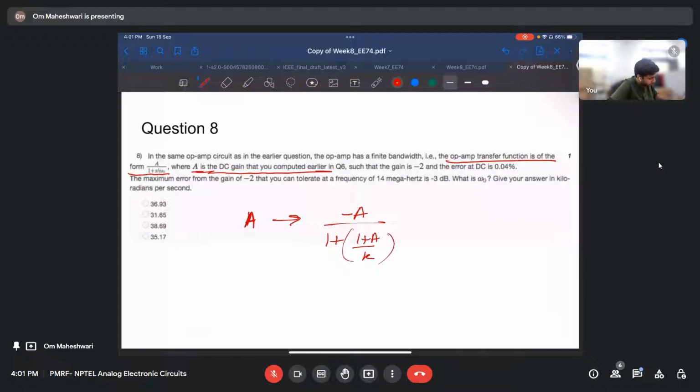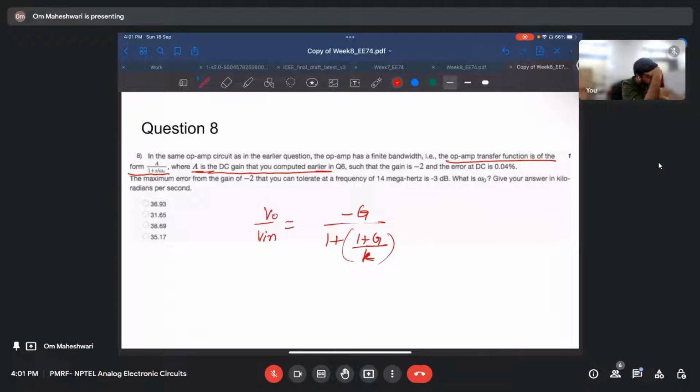So let me take some other notation here. This is G, calling this A. Okay, sorry, this is not. This was the gain, let's say Vo by Vi, that we computed earlier.